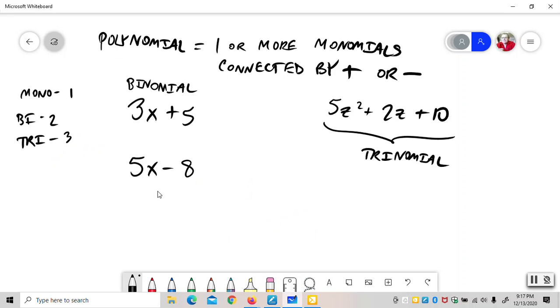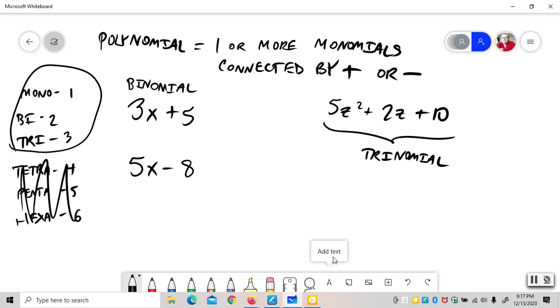Mono, bi, and tri are the only ones we normally name. I mean, you could say tetra is 4, and penta is 5, and hexa is 6, and on and on. But we don't actually do those. We only do these.